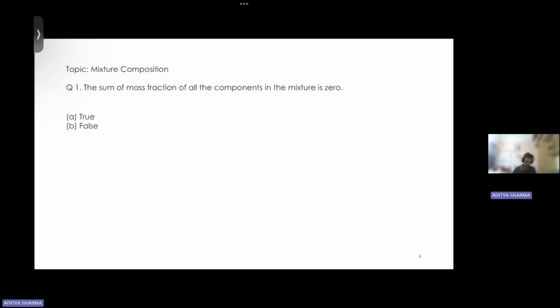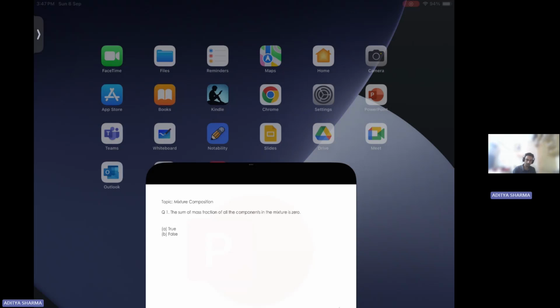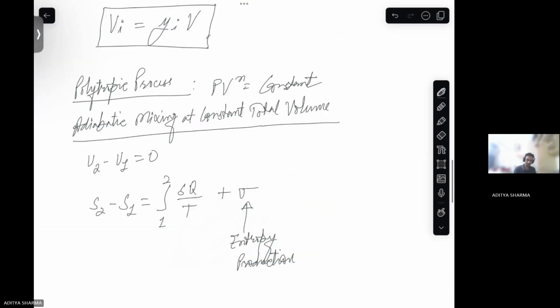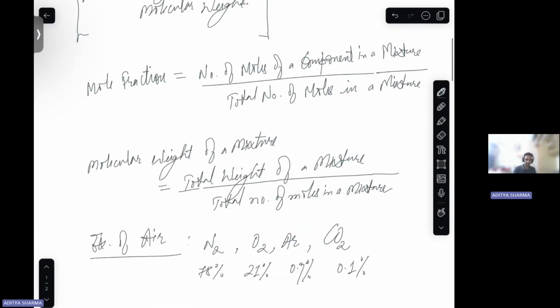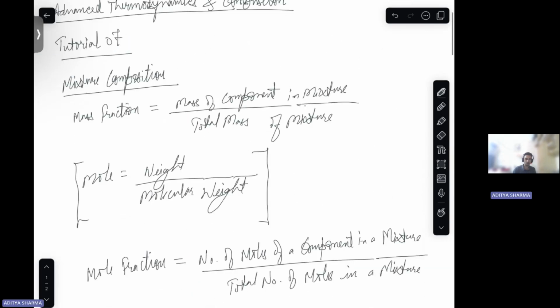So whether this is a true statement or false statement, because the question asks about mass fraction, this is your mass fraction, the mass of a particular component in the mixture to the total mass of the mixture.